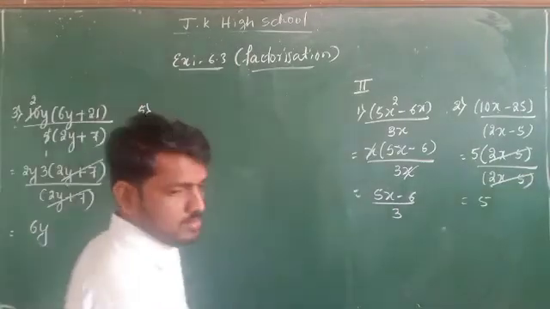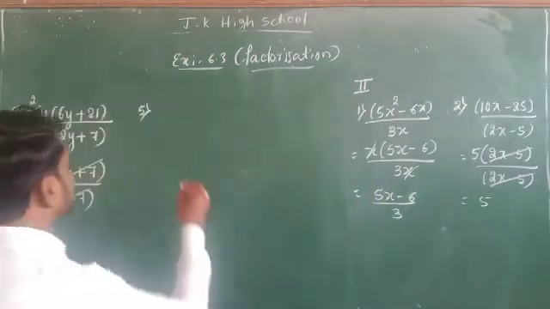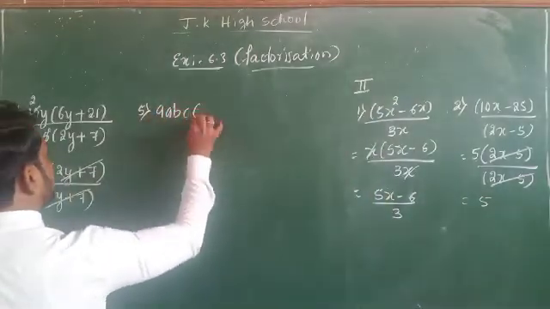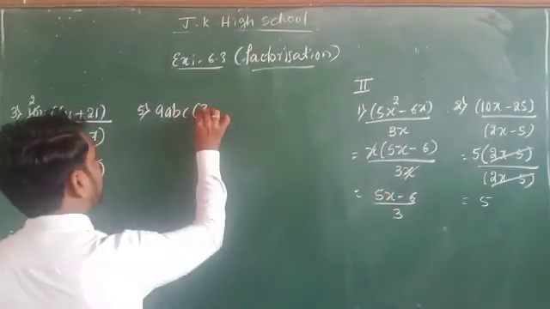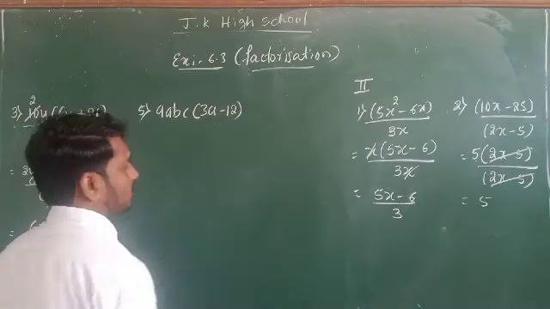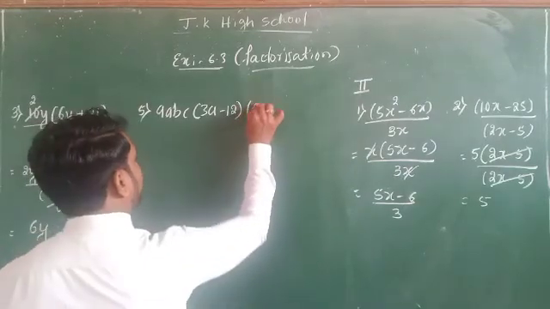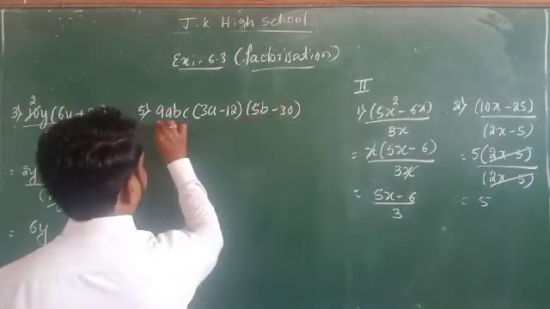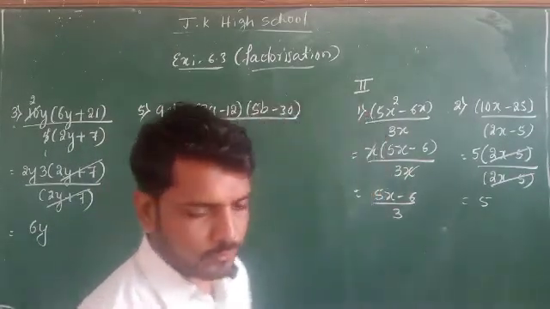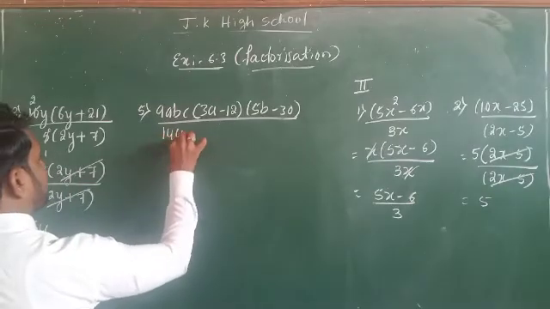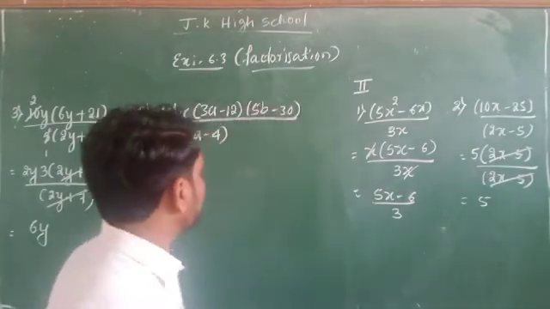Question number 5 is 9abc into 3a minus 12, into 5b minus 30, whole divided by 144 into a minus 4 into b minus 6.